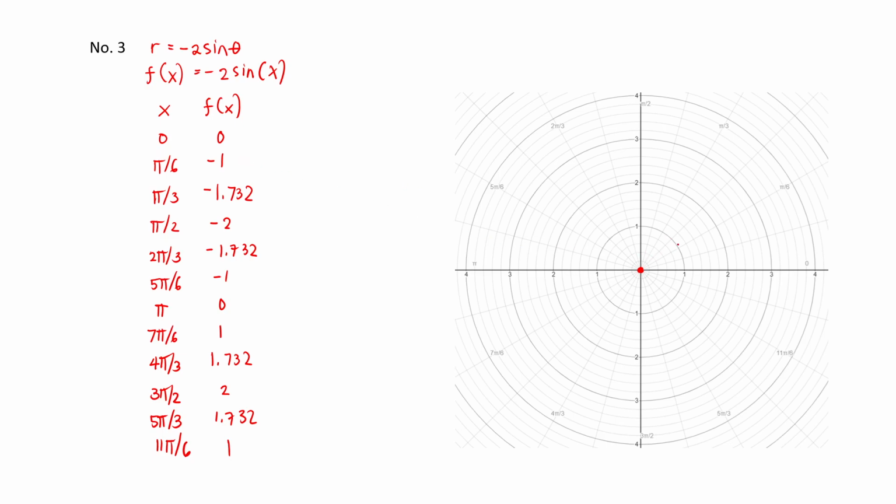So if you look at the line of action of the angle pi over 6, this point here is positive 1, right? To get the negative 1 point, it is on the other side. This is negative 1. It makes sense, right?